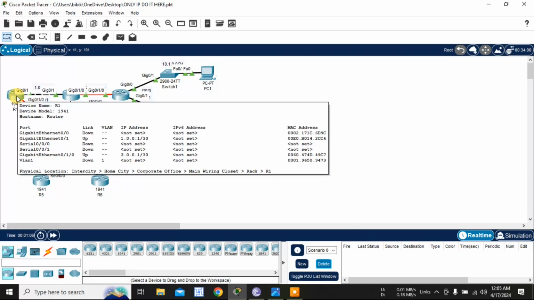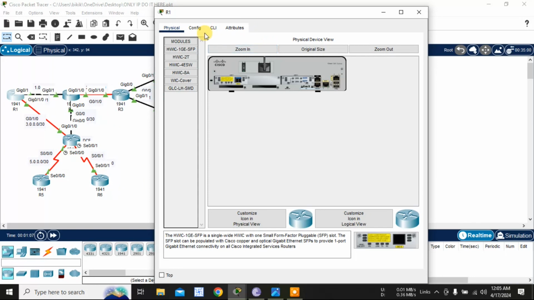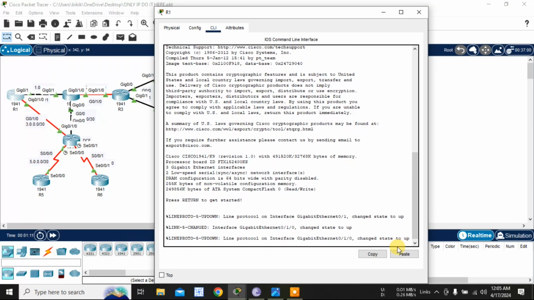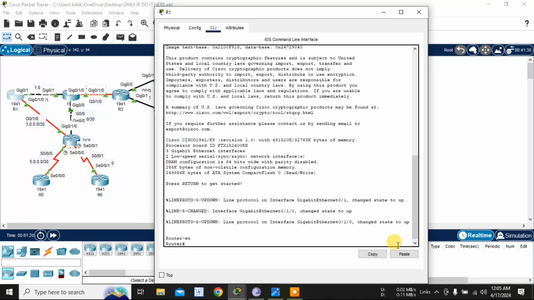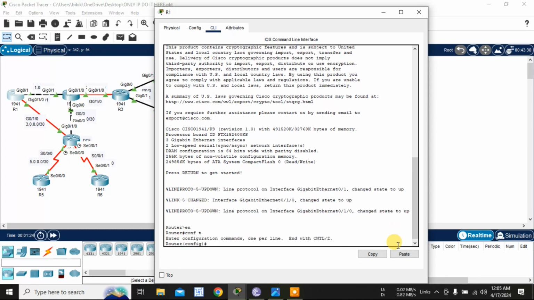First of all, let me go to router 1, and in router 1, let me go to the command line interface, and in the command line interface, first of all enable, config t.